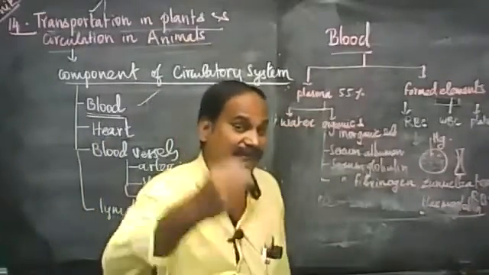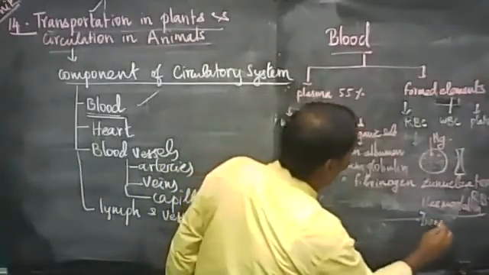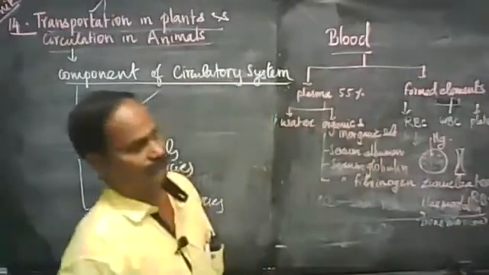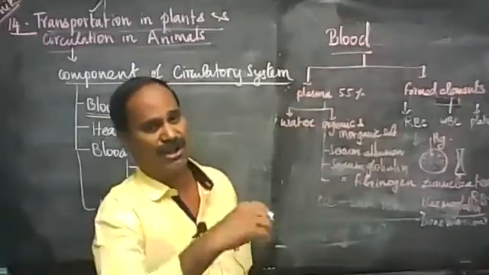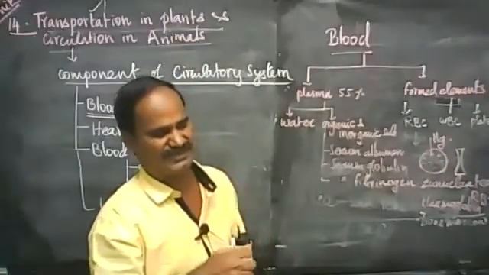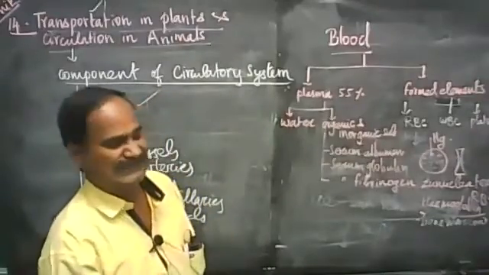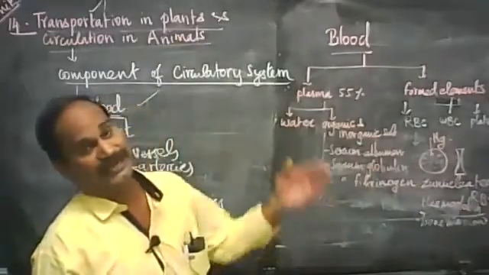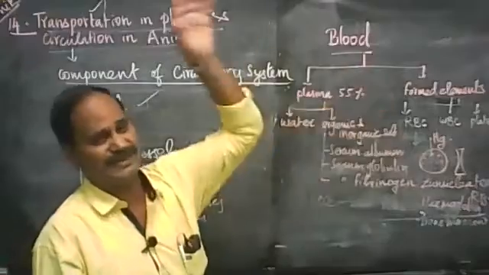These RBCs are formed from bone marrow, red bone marrow. When you take a section of bone, inside you can find a spongy, red, pink appearance, which is called bone marrow. That is the place in which RBCs are produced, WBCs are produced, even platelets are formed. All three blood cells are formed from bone marrow.